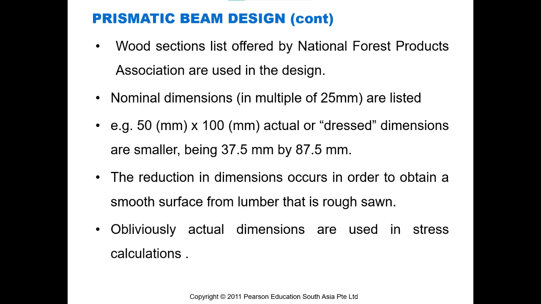The reduction in dimension occurs in order to obtain a smooth surface from lumber that is rough sawn. Right? Although the manufacturer ends with this, the manufacturer in the beginning also, see here, 459, 460 turns to 459. Although they try to reach 460, they cannot reach it.